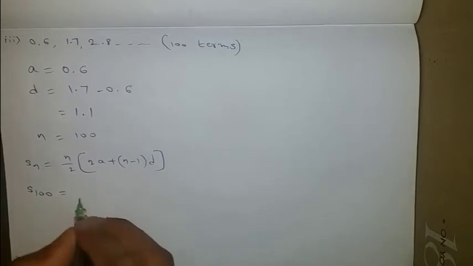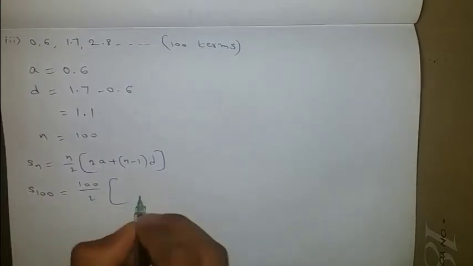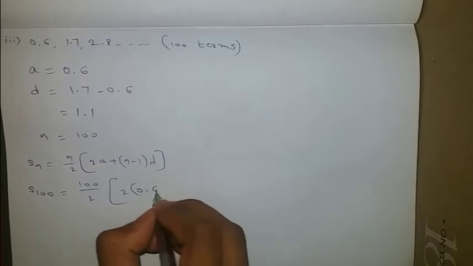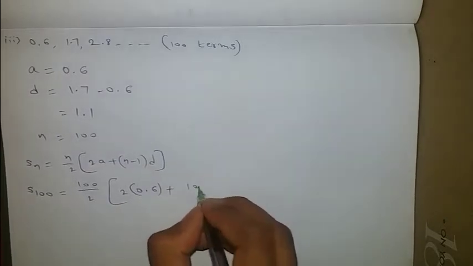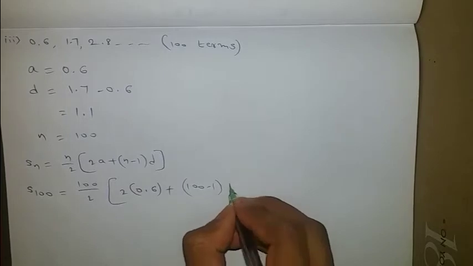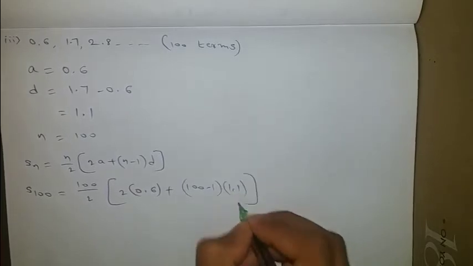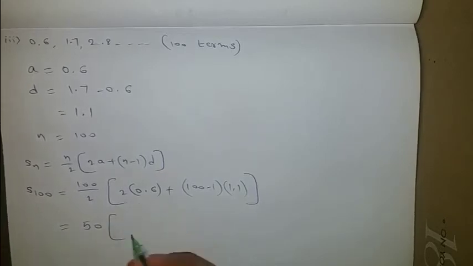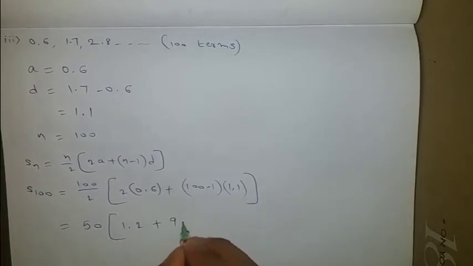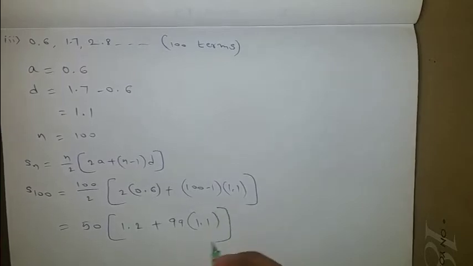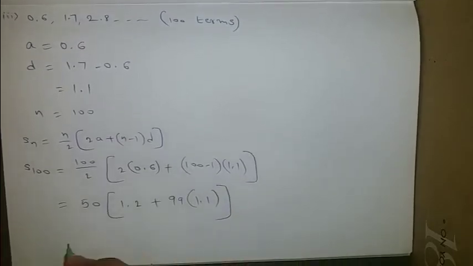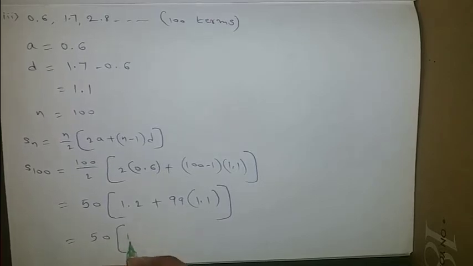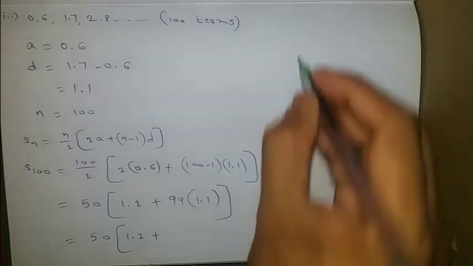The sum of the 100 terms is equal to 100 by 2 times 2 into the a value 0.6, plus the n value 100, 100 minus 1, times the common difference 1.1. 100 by 2 is 50 times 2 into 0.6, 1.2, plus 100 minus 1, 99 into 1.1. Which equals 50 times 1.2 plus 99 into 1.1.